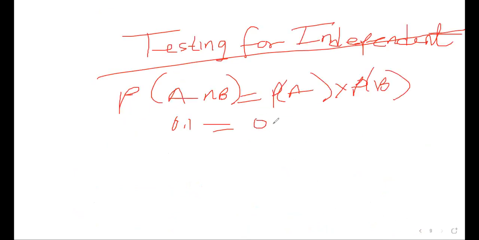If these give us the same answer, then events are independent. But here we have 0.4 multiplied by 0.2, which is 0.08. So events are not independent.